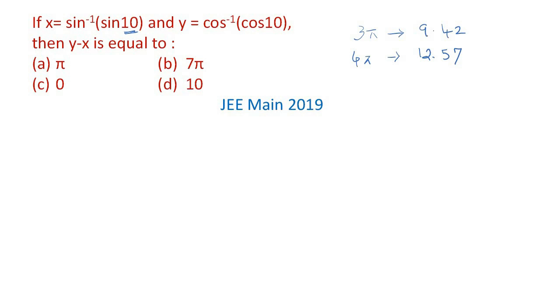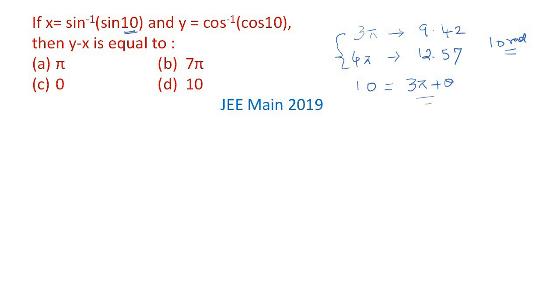But we want to express 10 radians. So we can write that 10 radian as 3 pi plus some theta, because 10 radian is in between 3 pi and 4 pi. And so we write it as 3 pi plus theta for 10. We just keep it like that.